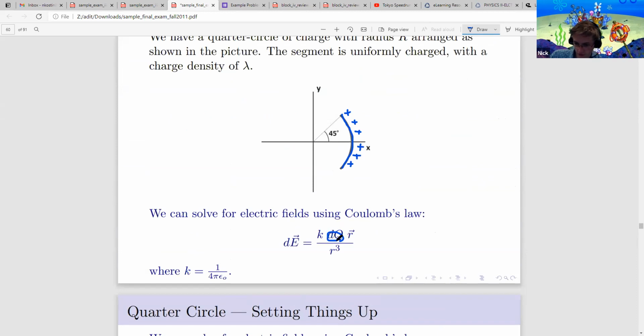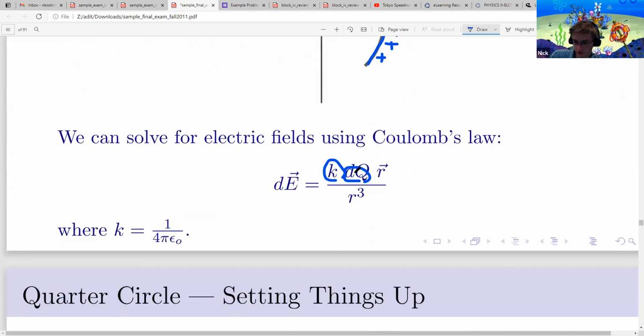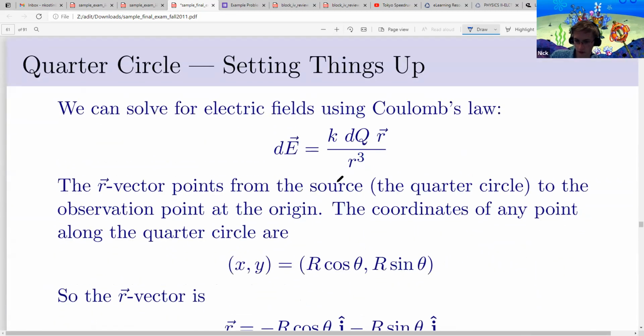So we already have dq knocked out. k is just a constant. But now we have to figure out what the r vector is, and then by extension, what the magnitude of the r vector is, such that we can finish up this problem. All right, so the r vector always points from the source to the observation point.